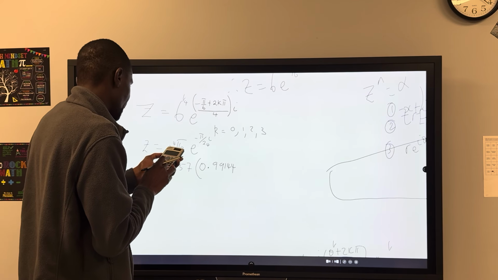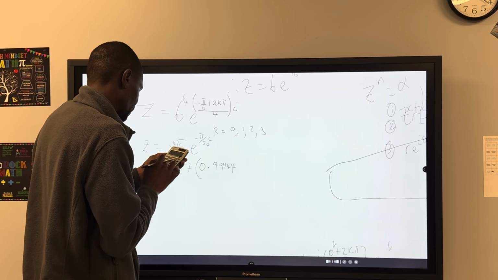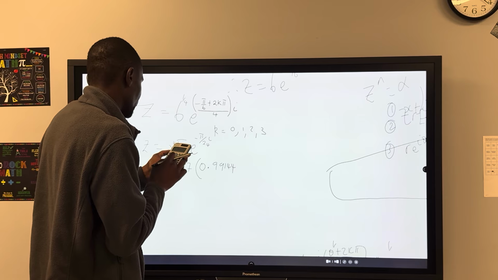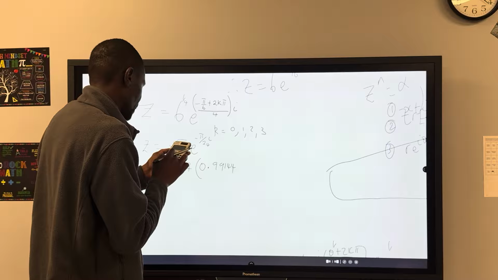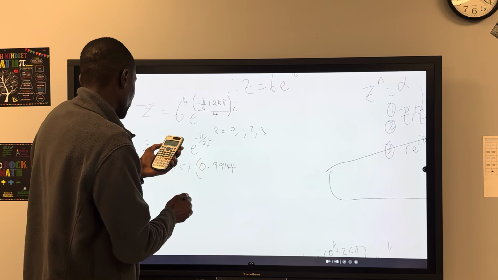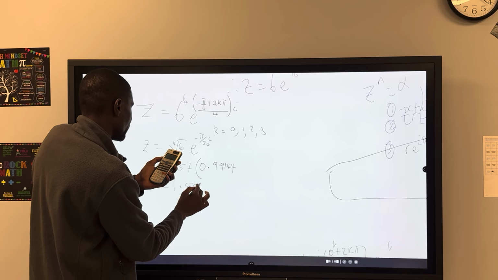If I multiply that by 4th root of 6, I'm getting 1.55.